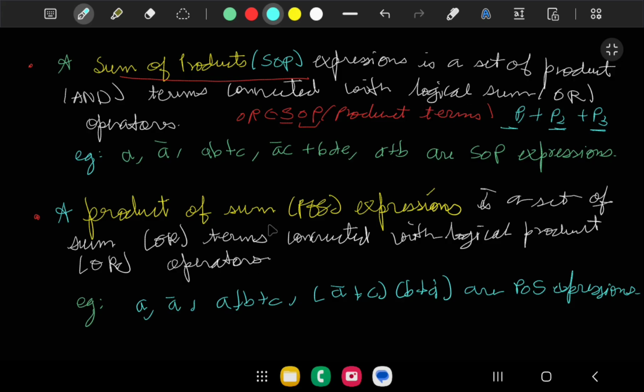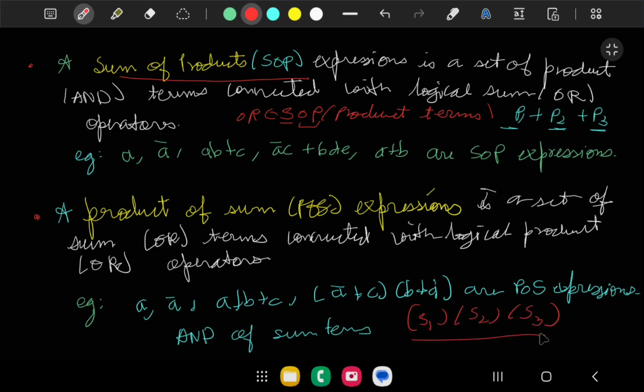Now the same thing you can do for POS. What is POS? Product of sum, which is AND of sum terms. S1 product S2 product S3. This will be the POS form.